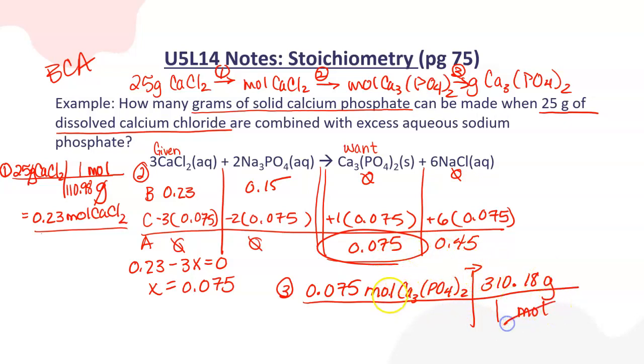So then the moles cancel. We multiply 0.75 times 310.18. And we get 23 grams. And label it with the substance.